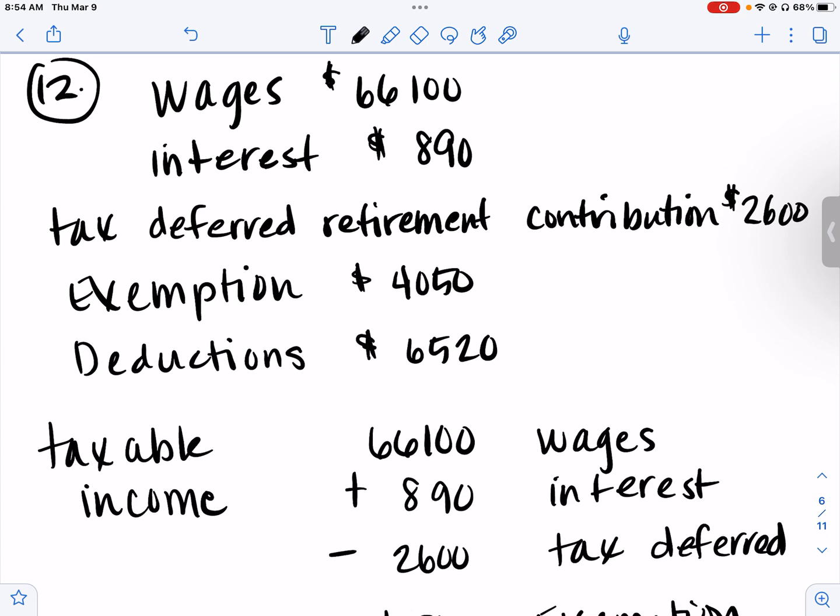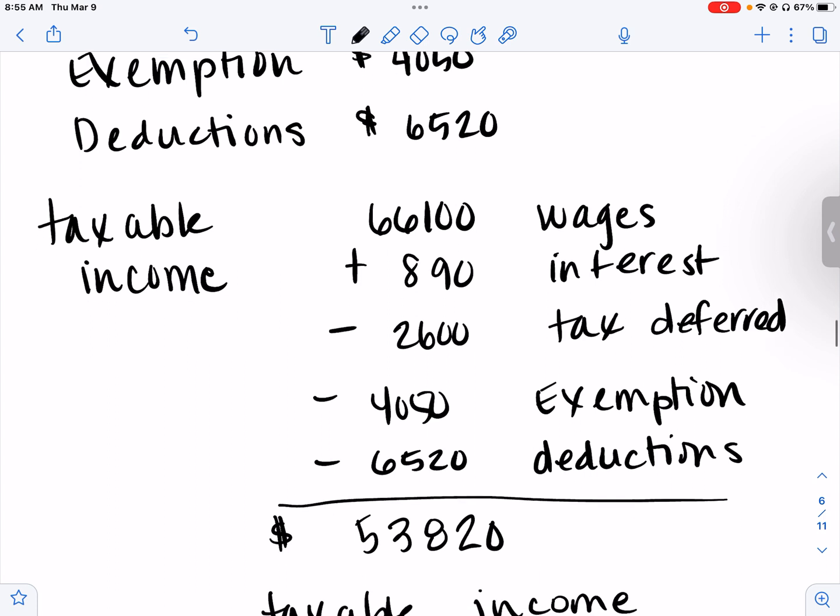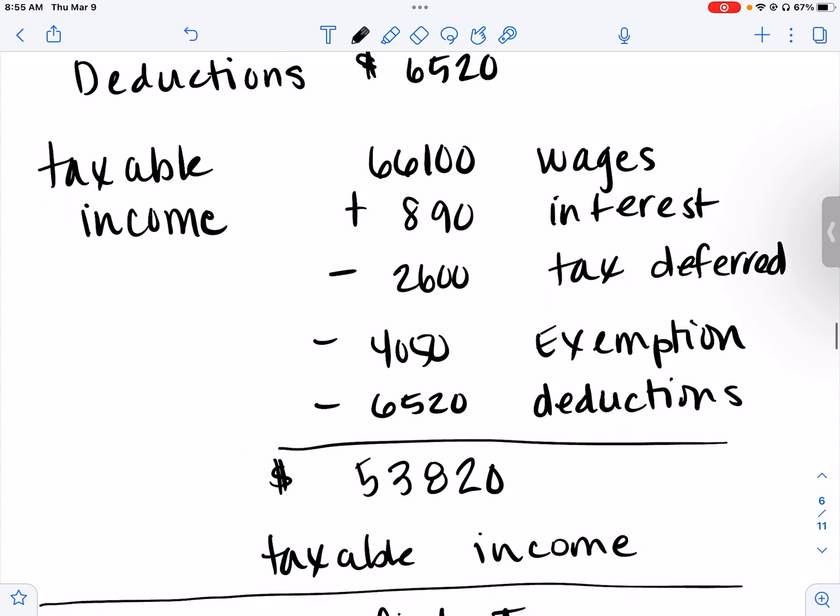If somebody's wages were $66,100, they earned interest of $890. They contributed to a tax-deferred retirement contribution of $2,600, an exemption of $40.50, and deductions of $65.20. Okay, so their taxable income, you would take their wages plus the interest because that's how much money they made.